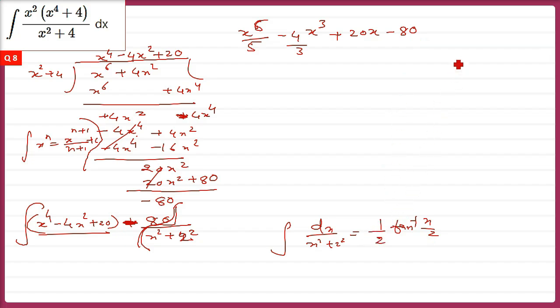So multiply it by 1 by 2 and tan inverse x by 2. And what I was saying, you will get a constant term from here. You will get a constant term from here also. So just call it C. We are adding C1, C2 and calling it C. So that's your final answer. Just write 40 here. So x raised 5 by 5 minus 4x cubed by 3 plus 20x minus 40 tan inverse x by 2 plus constant of integration. That's your final result.